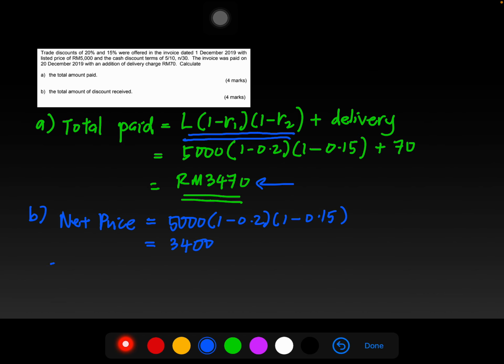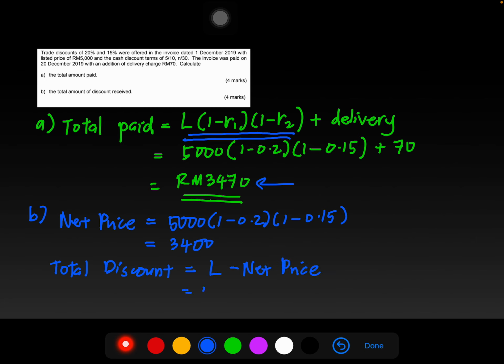Okay, therefore, we can compute the total discount easily by taking the difference of the list price and the net price. Okay, the first formula that we saw in the list of the formulas, right? It is total discount or trade discount, right? So it's as simple as list price minus the net price. Okay.